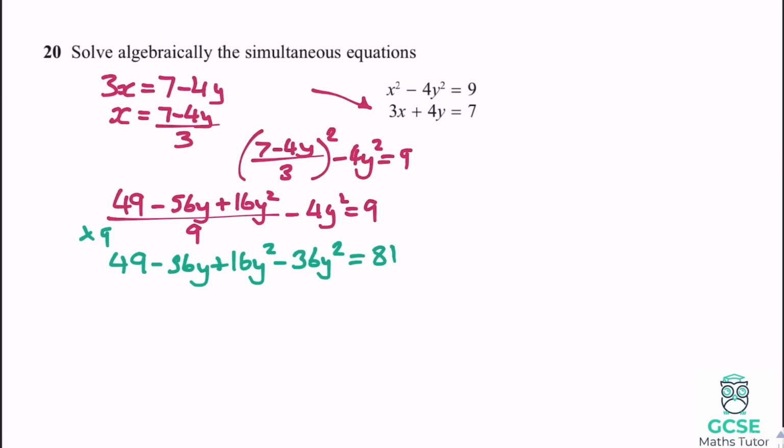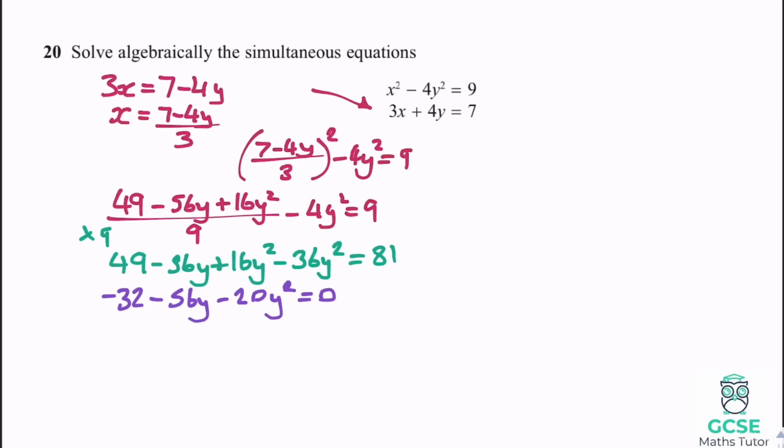So subtract 81 from both sides, so this equals 0, and we'll have a nice quadratic we can solve. So 49 take away 81 is negative 32. Still take away 56y, and then 16y squared take away 36y squared is negative 20y squared, and that now equals 0.